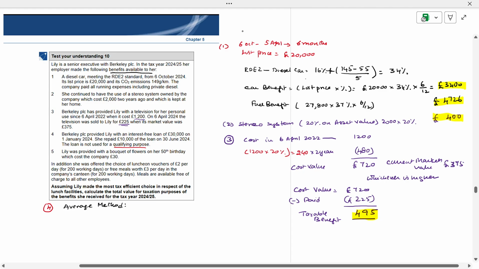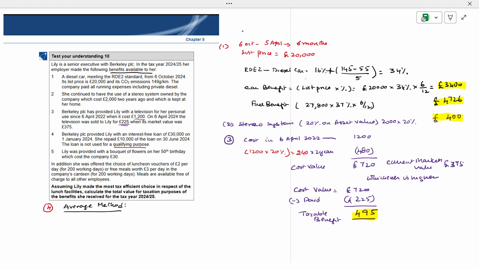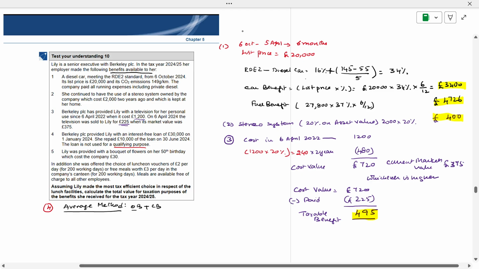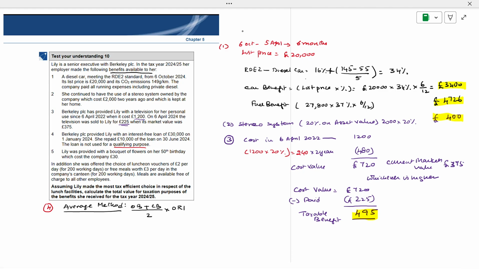There are two methods. I know which topics you have missed. Opening balance plus closing balance, divided by 2, times the official rate. The opening balance is 30,000.